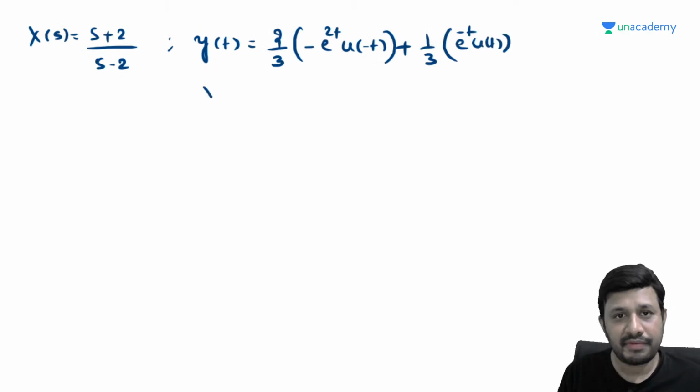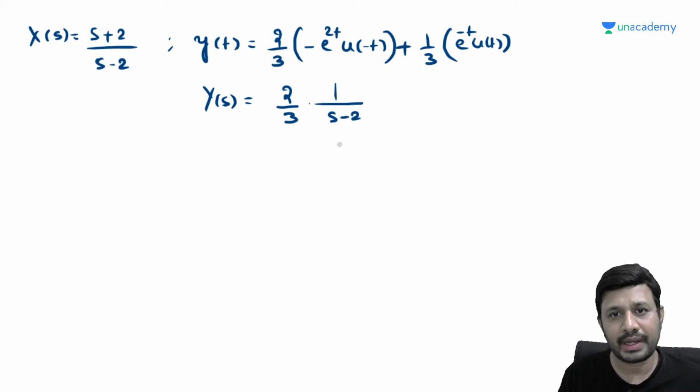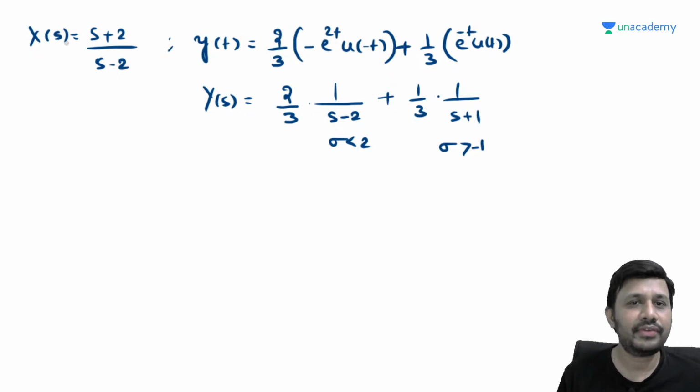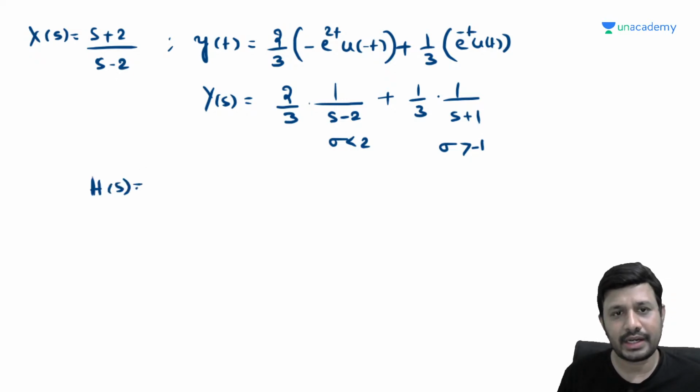If I calculate the Laplace transform, 2 by 3 times the Laplace transform of minus e power 2t u of minus t, this is 1 by s minus 2 with ROC sigma less than 2, plus 1 by 3 times 1 by s plus 1 with ROC sigma greater than minus 1. Now you have y of s, you have x of s. You calculate h of s, which is the ratio of y of s to x of s.